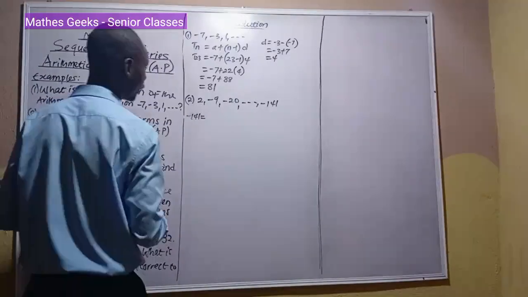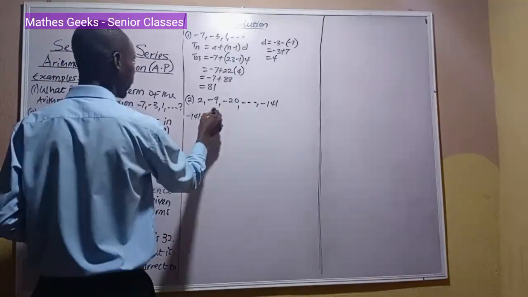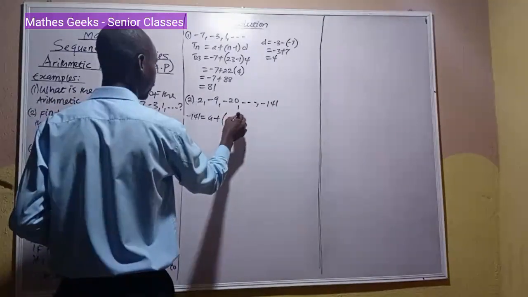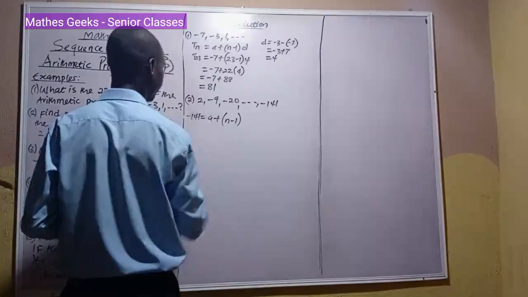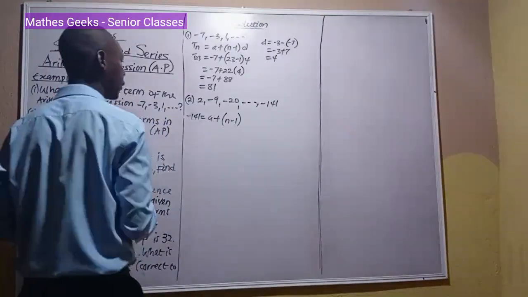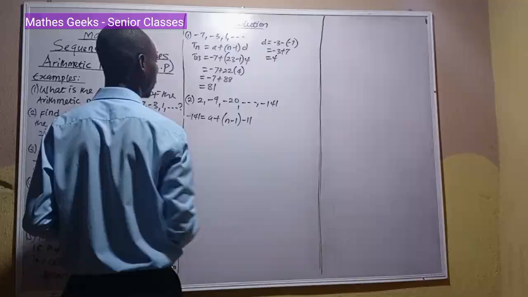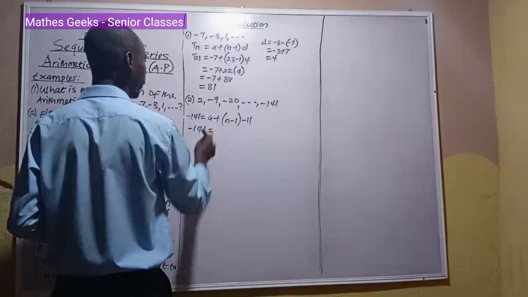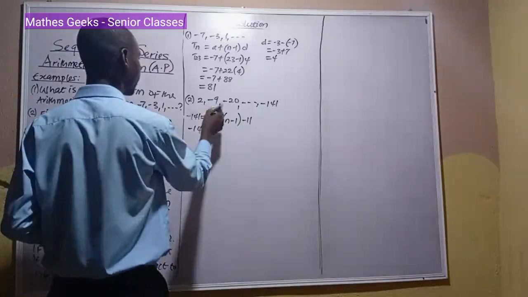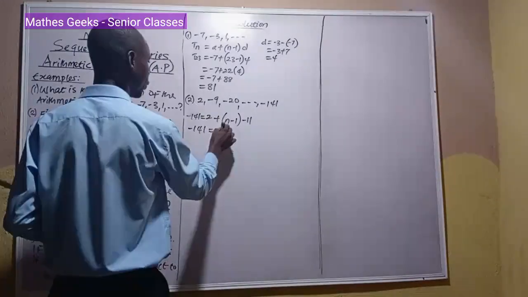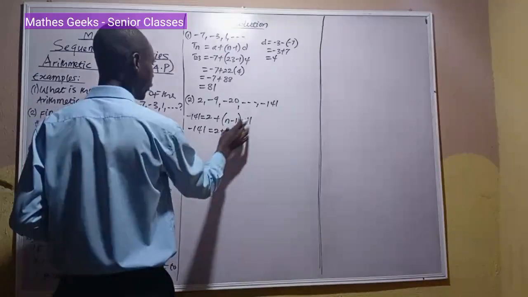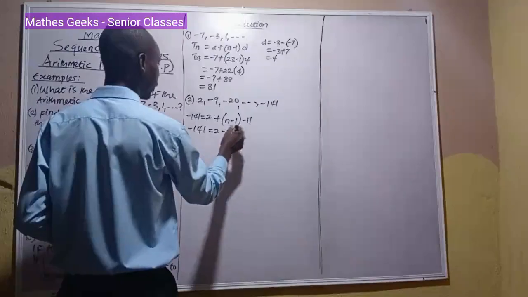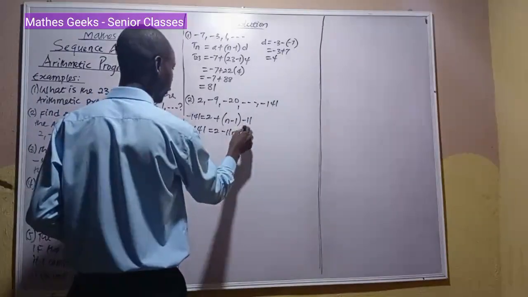To get that number, we use the formula: the first term A plus n minus 1 times the common difference. Our common difference will be minus 9 minus 2, which is equal to minus 11. So minus 141 is equal to 2 plus (n minus 1) times minus 11, which gives 2 minus 11n plus 11.